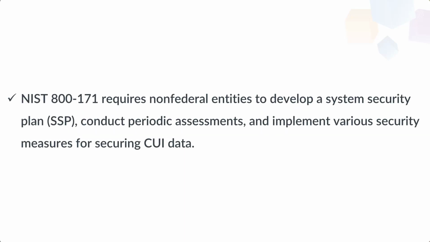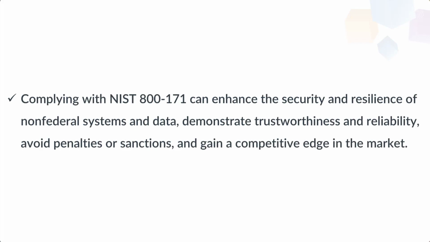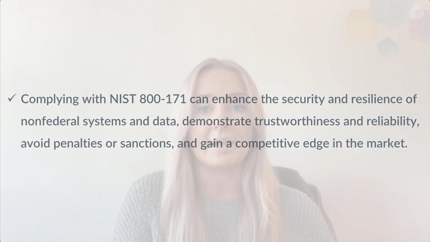NIST 800-171 requires non-federal entities to develop a system security plan, conduct periodic assessments, and implement various security measures for securing CUI data. Complying with NIST 800-171 can enhance the security and resilience of non-federal systems and data, demonstrate trustworthiness and reliability, avoid penalties or sanctions, and gain a competitive edge in the market. NIST 800-171 is also the foundation of security controls required by the upcoming CMMC regulations.